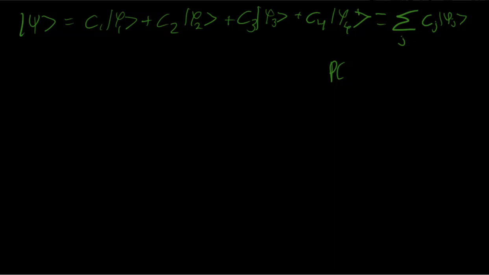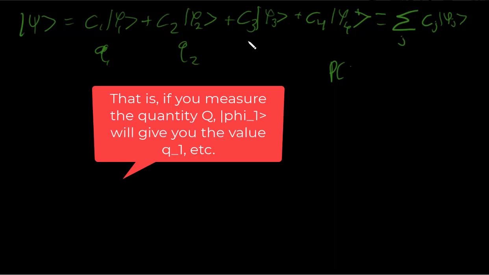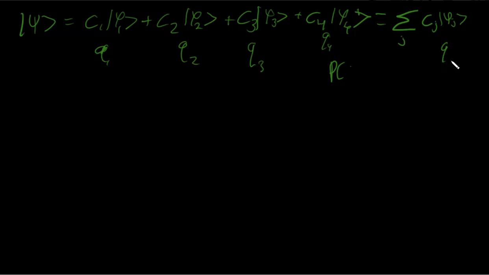And the probability, in this case, is going to be the same thing with the norm squared. So the probability that if we measure, and I'll note right here, this is q sub 1, phi 2 is the quantum state with q sub 2, quantum state with q3, q4, etc. This is the quantum state with q sub j, right?